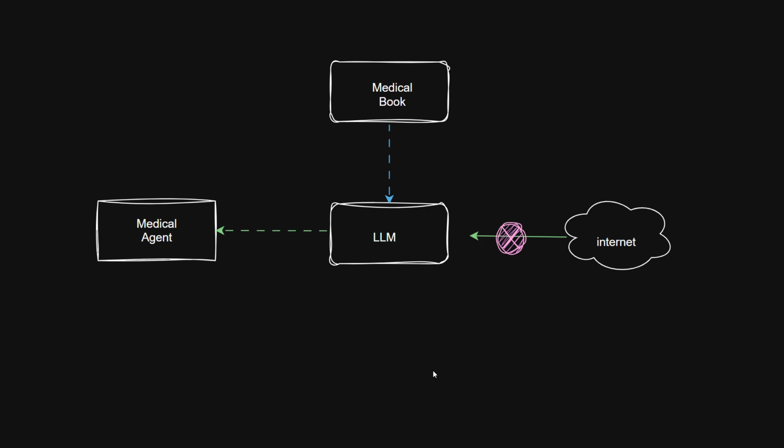So let's look at a very, very simple example, before we get into the real example of all the components of RAG. Suppose you want to build a medical agent, and you want this agent to respond only from these medical books, which you want to feed to the LLM. And it should not take all the information it knows from the internet. It's a very specific agent you are building for helping doctors, for example.